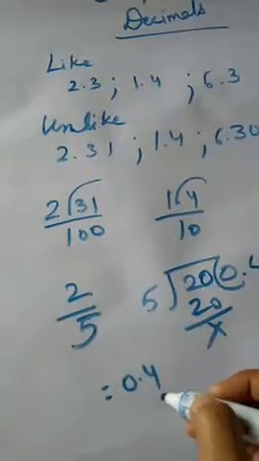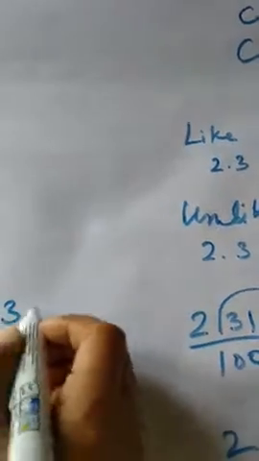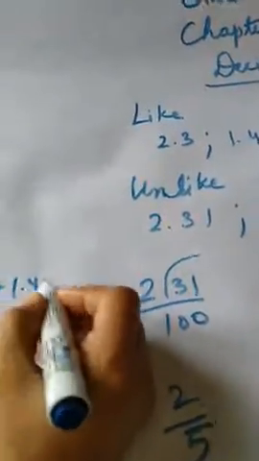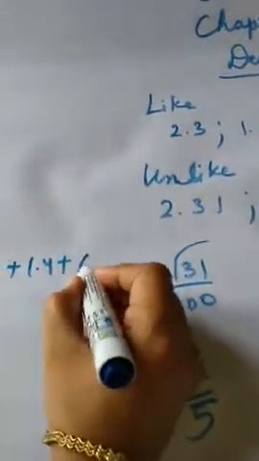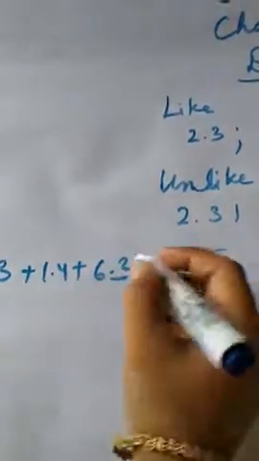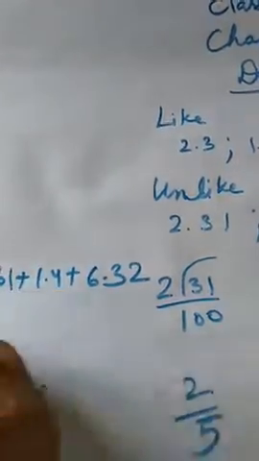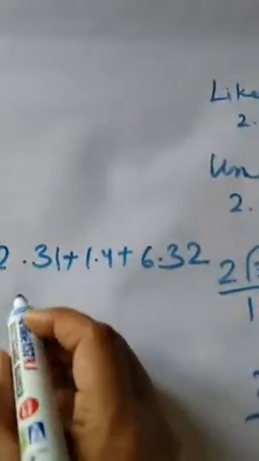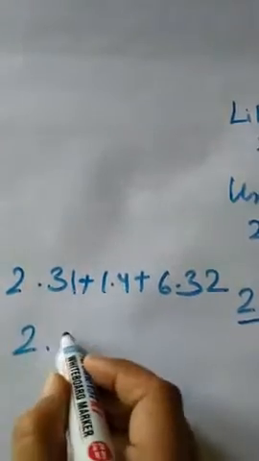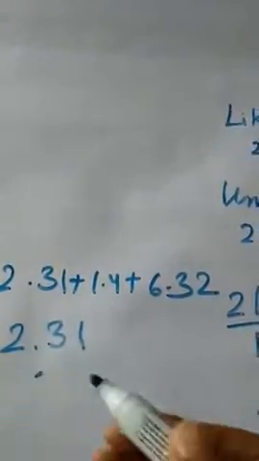Okay, next, how to add decimal numbers. Like 2.3 plus 1.4 plus 6.3. If we want to add them, just arrange them in proper columns, putting the decimal under the decimal.